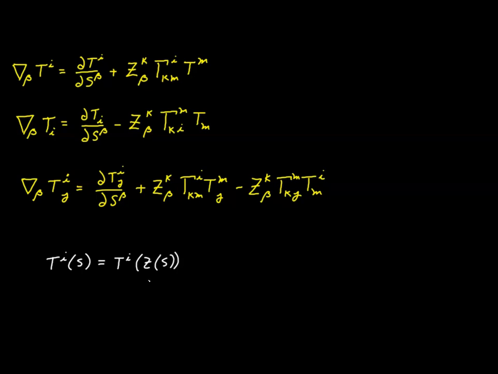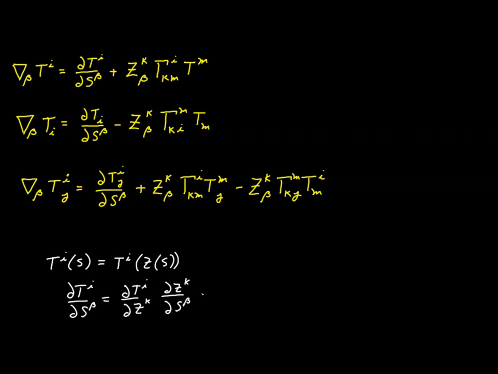Okay, now with this being the case, we can now take the partial derivative of Ti with respect to s beta, and on the right side, of course, is the chain rule. So the partial derivative of Ti with respect to zk, for example, times the partial of zk with respect to s beta. So that just completes the chain rule.